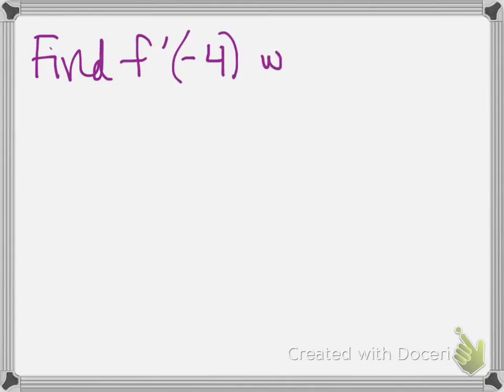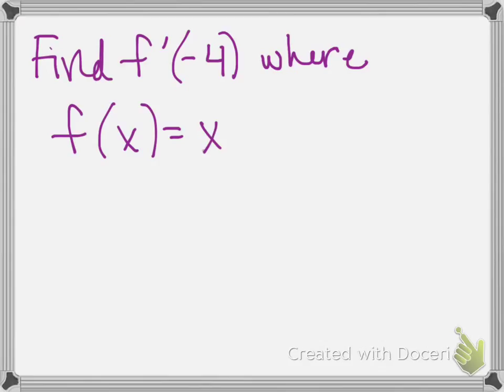Okay, so let's find f prime at -4, where f of x is this function we talked about, x squared plus 3x plus 1.